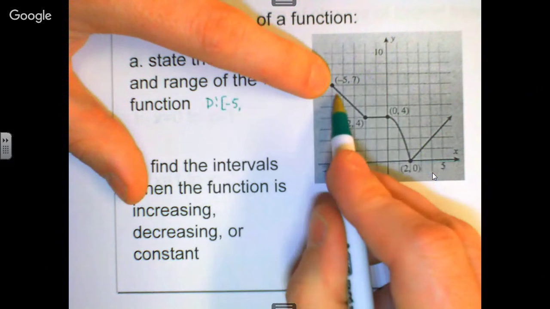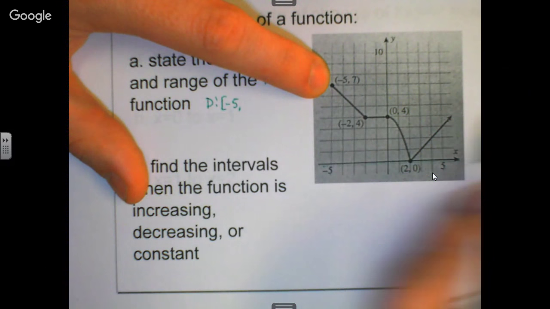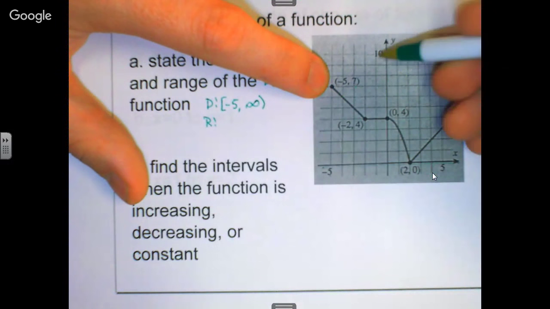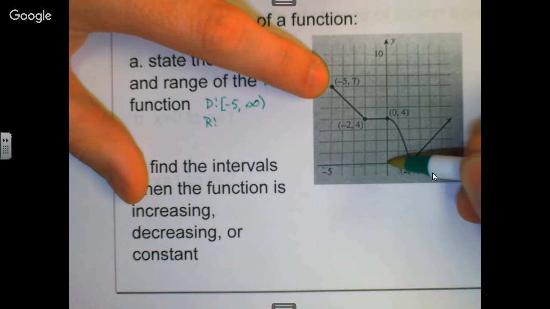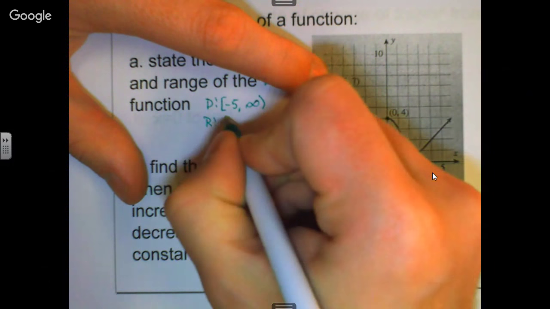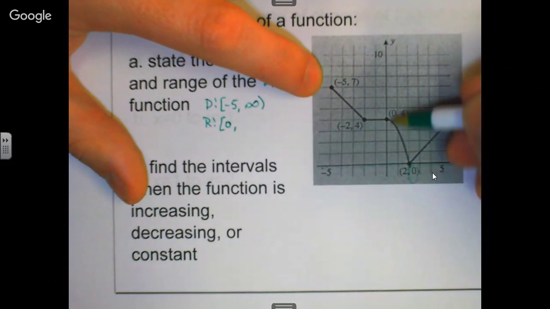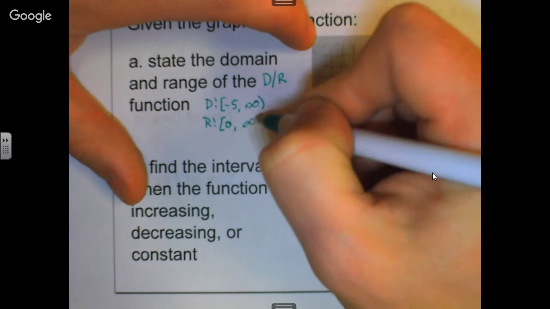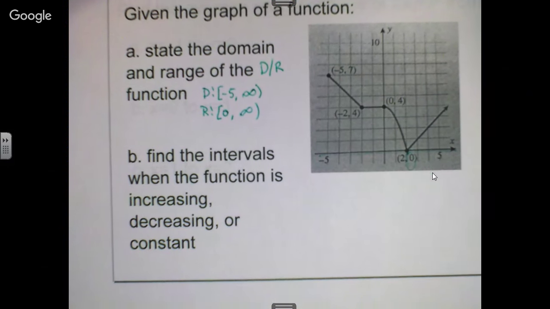It starts at -5 and is still covering all the way up, and I notice I have an arrow here, so it goes on to infinity. Range is my y-axis. Where is this graph covering my y-axis? The lowest it starts is 0, that y value right there. And the highest it goes, if you notice this arrow here, it keeps going up to infinity. So 0 to infinity.